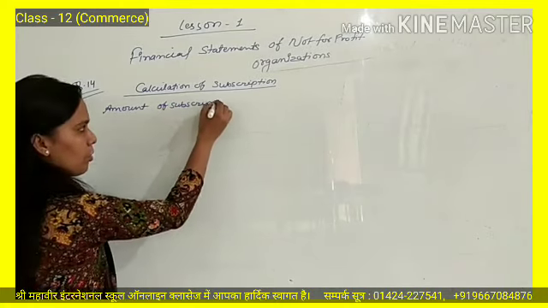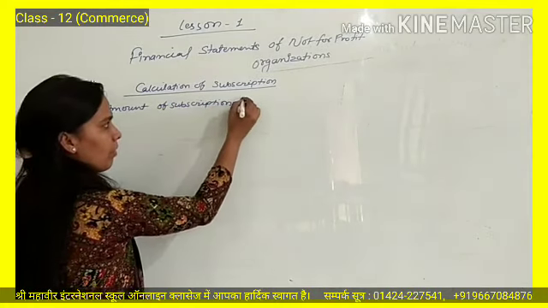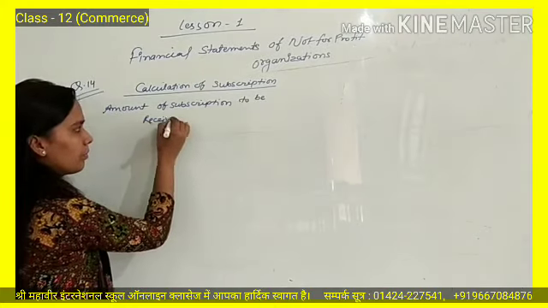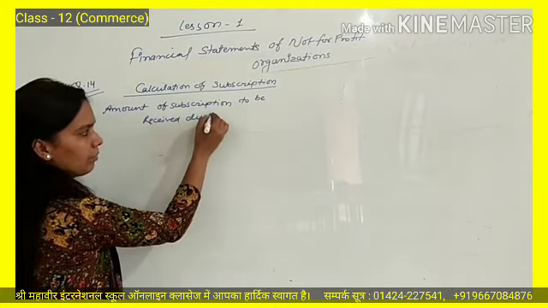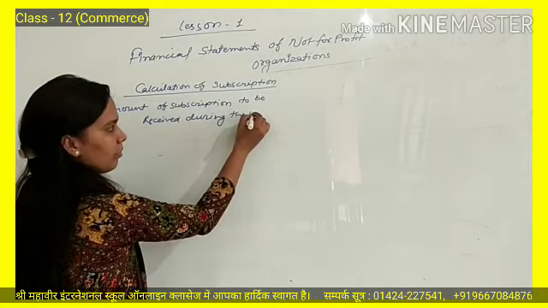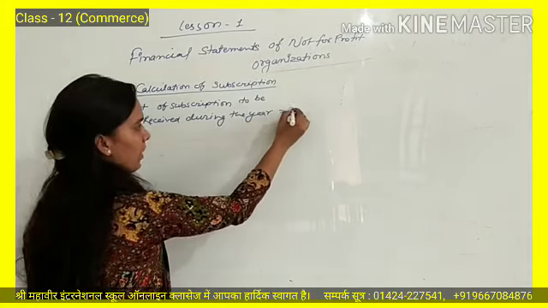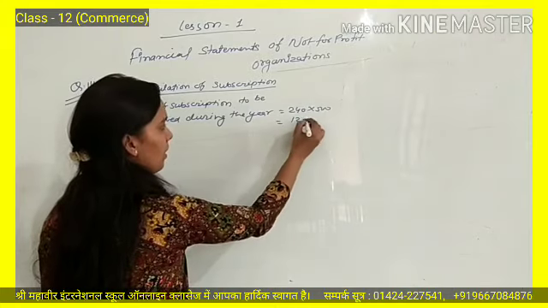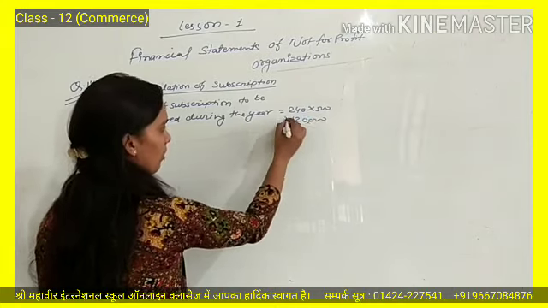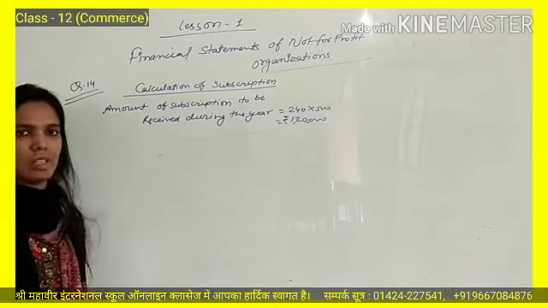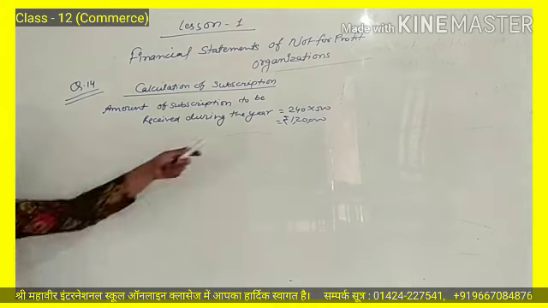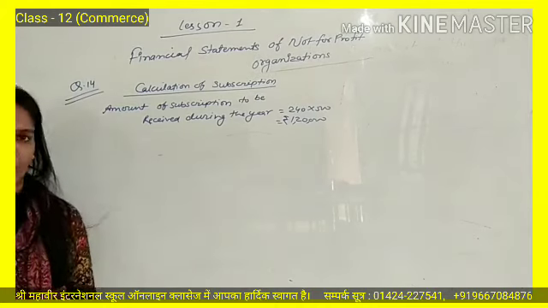Amount of subscription to be received during the year, that is 240 multiplied by 500, means it is 1,20,000. 1,20,000 is your current year subscription. This 1,20,000 will be shown in the income and expenditure account.